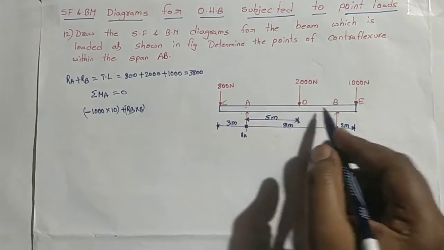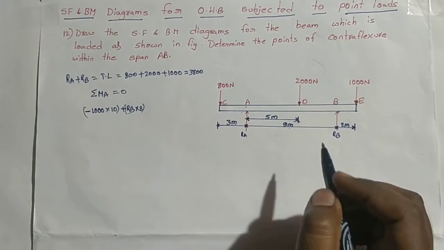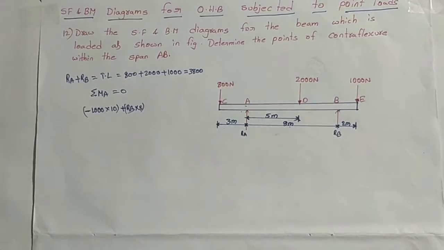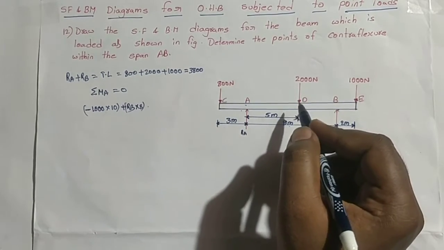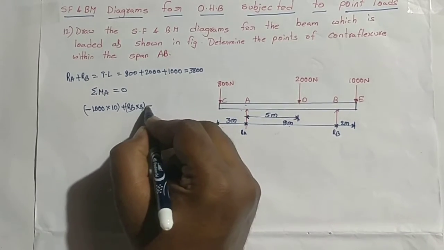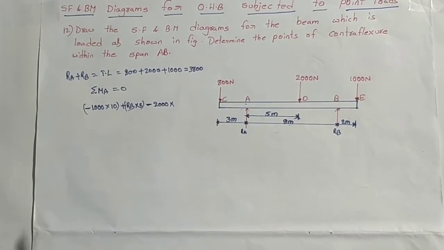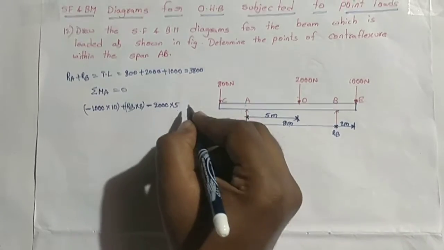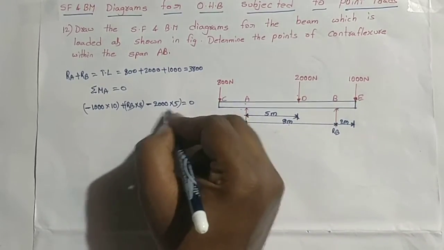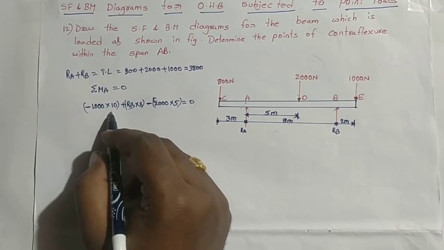Next load is the 2000 point load applied at point D. It is acting clockwise, so it is taken as minus 2000 into the distance from this point to this point, which is 5. That equals 0. In total 3 loads, and load into distance is nothing but moment.